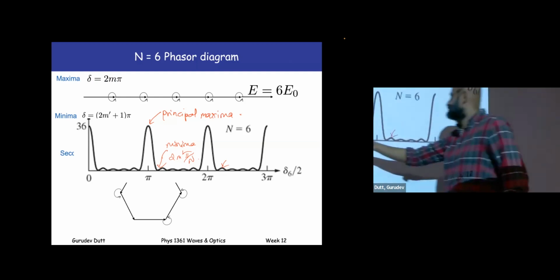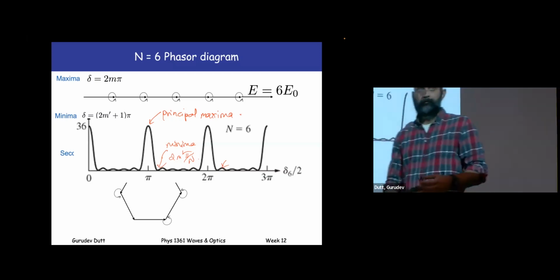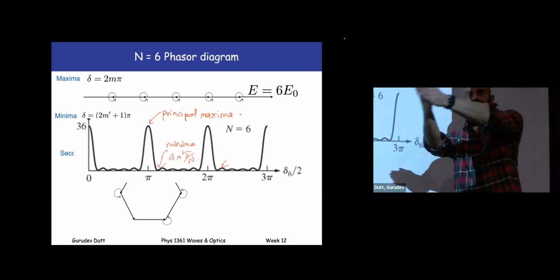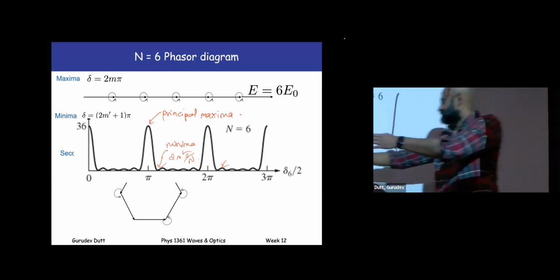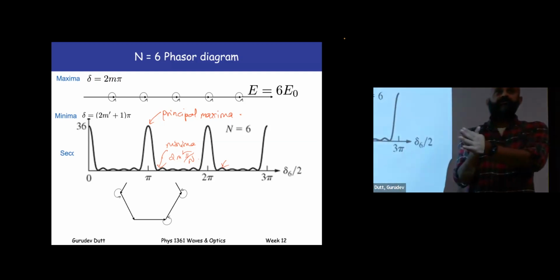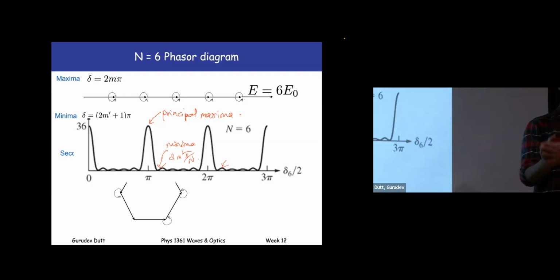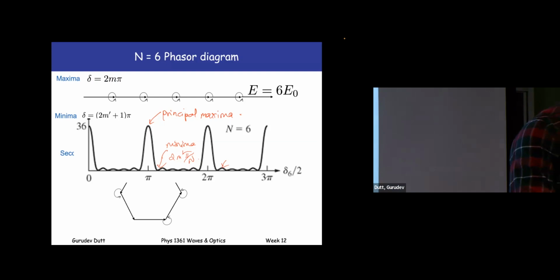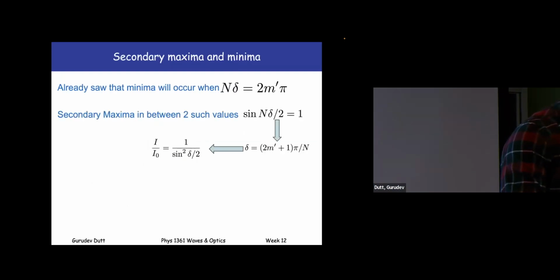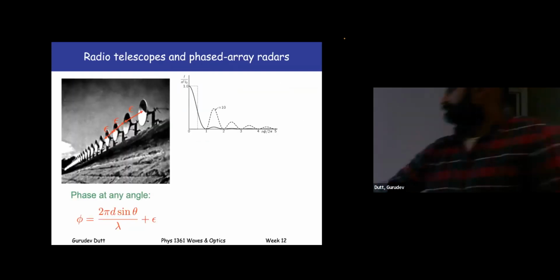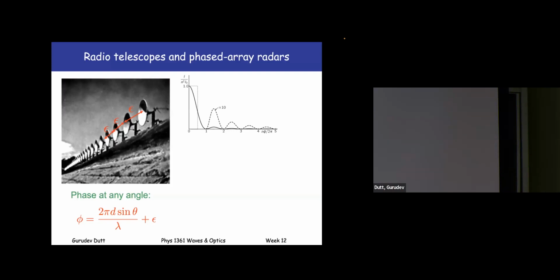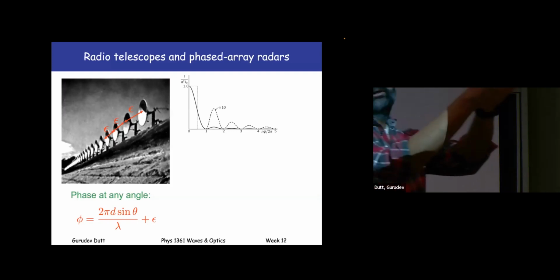Of course, delta over 2 equal to 0 will be right in front of the array. But I can also tune it away from that by just changing to delta over 2 equals pi. And now that allows me to control the angle theta at which this principal maximum occurs.